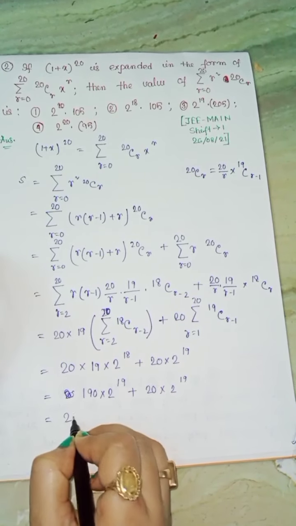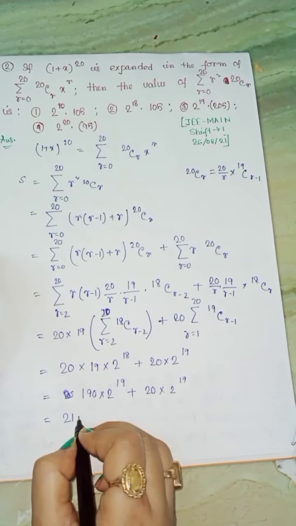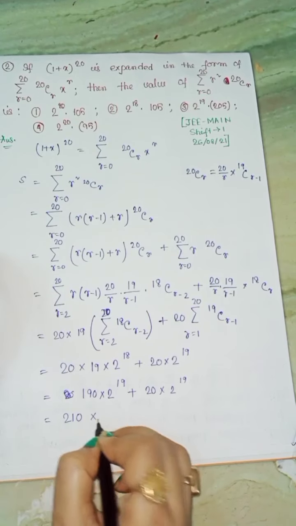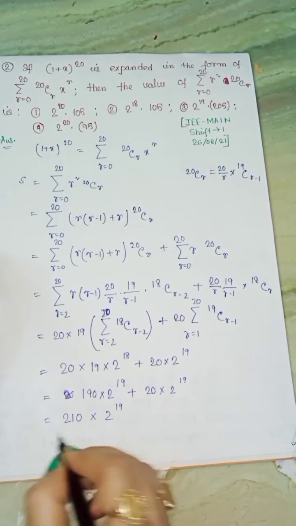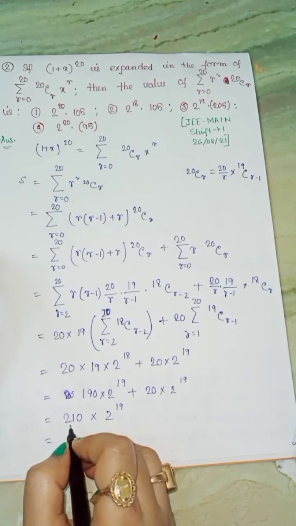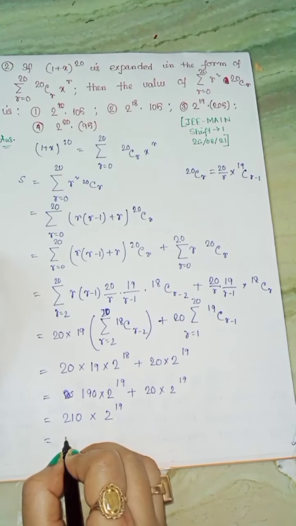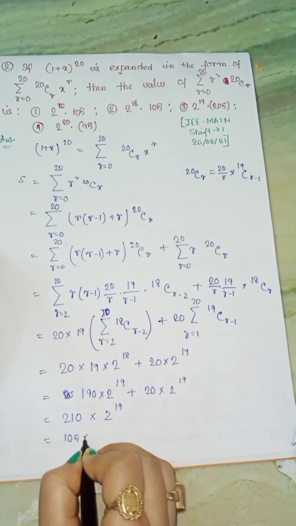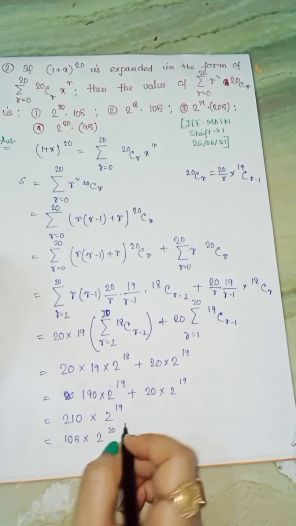Now this one is equal to what? 190 plus 20, that is equal to 210 into 2 to the power 19. So now a 2 is getting cancelled from this, so this one becomes 105 into 2 to the power 20.